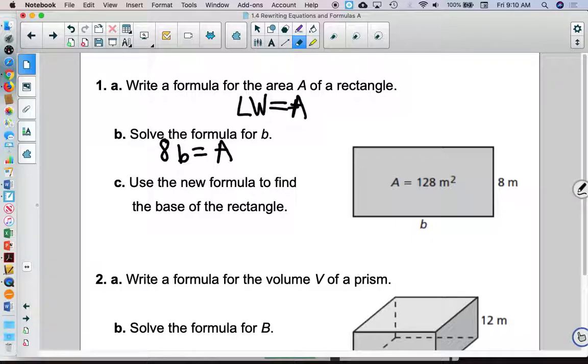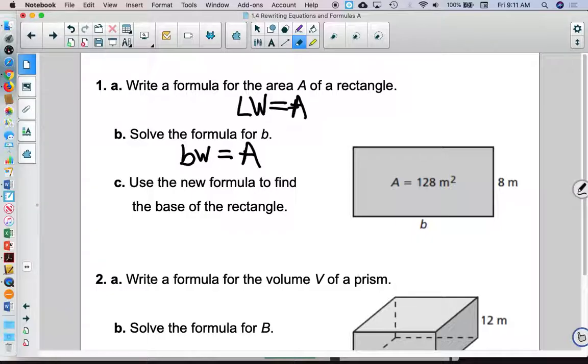I've got to solve the formula first. Wait a minute, I know what it is. I gotta go back. B is the length, so B times W equals A. Do you agree with that? B times W equals A.